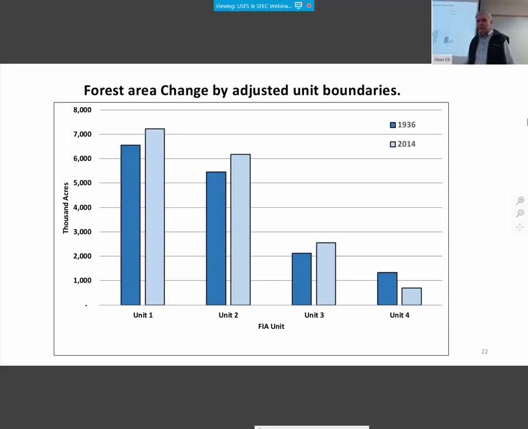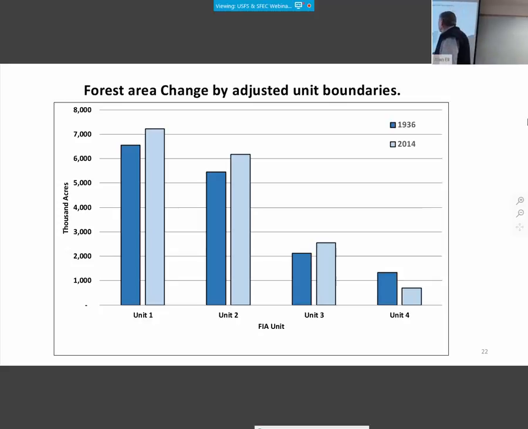If we look at the survey unit forest area change, we don't see much that's very dramatic, except probably in the southwestern part of the state. We really are losing much of that forest area. I'm surprised it's even as high as this, given the agricultural efforts in those areas.